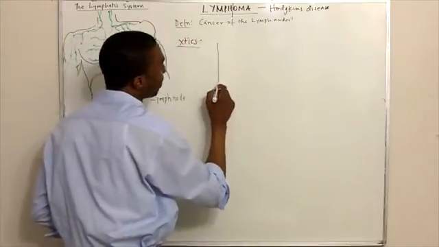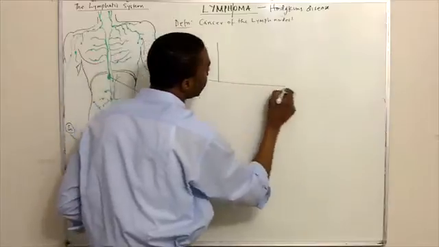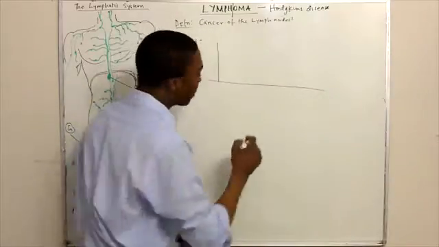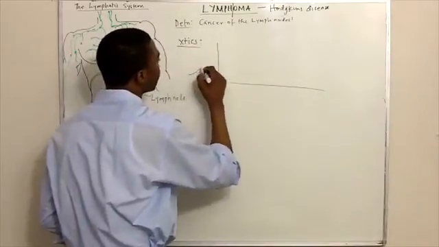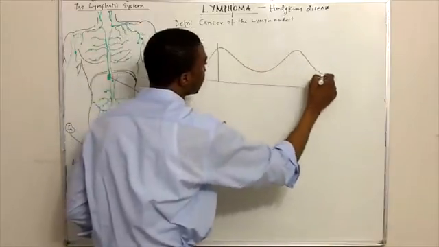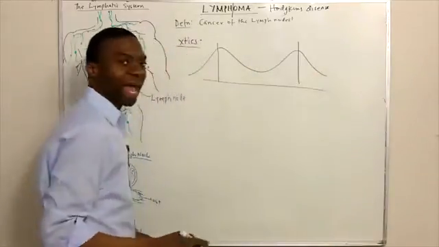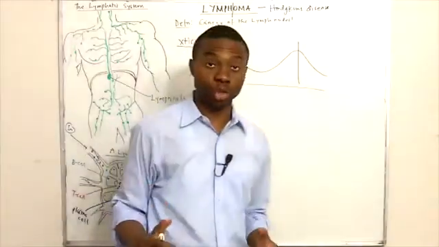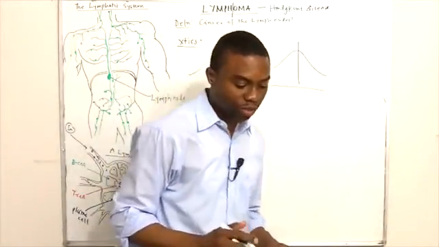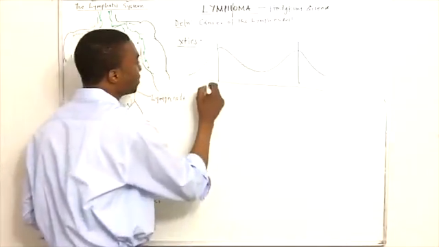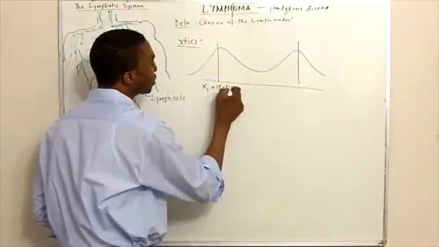When I say we have a bimodal distribution, it means it looks like this. It happens in two different age groups. The first age group is usually between 15 and 30 years old.